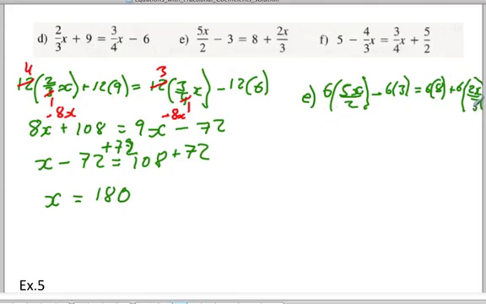All right, and the 3's cancel out here, so this is 2, and 2 cancels out to be 3. So we end up with 15x minus 18 is equal to 48 plus 2 times 2x is 4x. We'll subtract 4x from both sides.